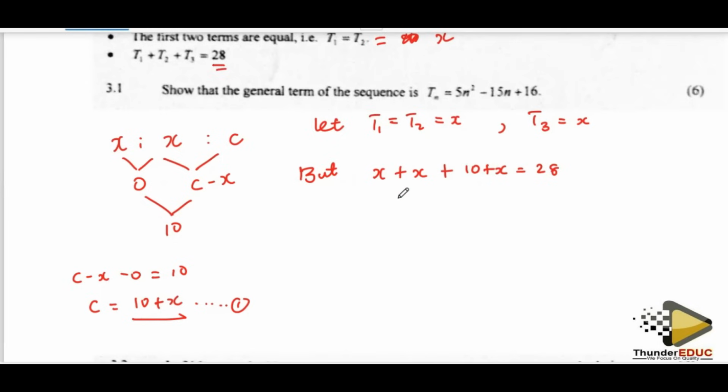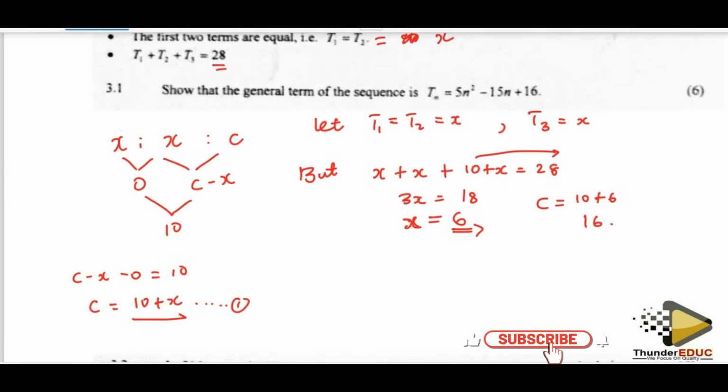So those are 3 x's equal to, I can move the 10 that side, that's going to give me 18. Divide both sides by 3, which means x is a 6. If x is a 6, which means my third term is going to be 10 plus 6, which gives me 16.